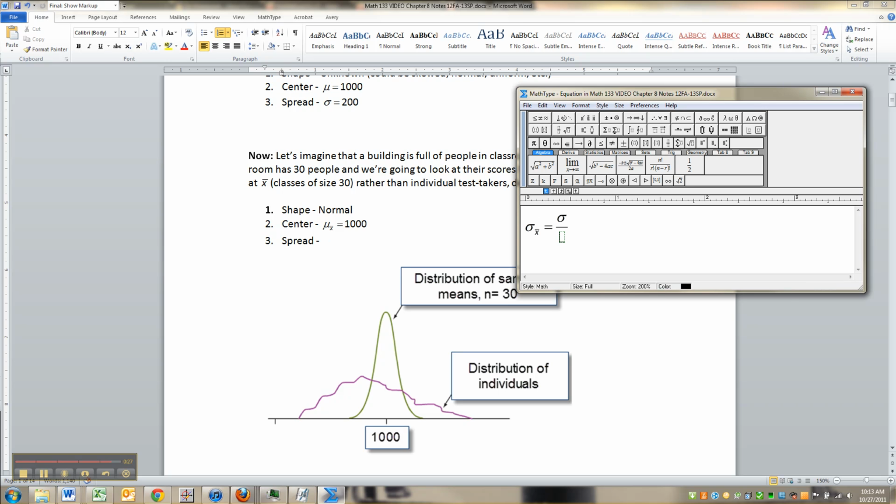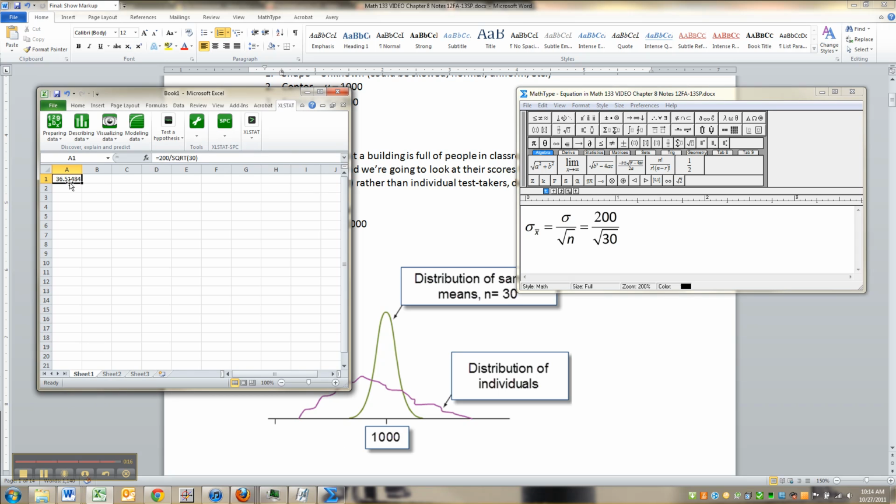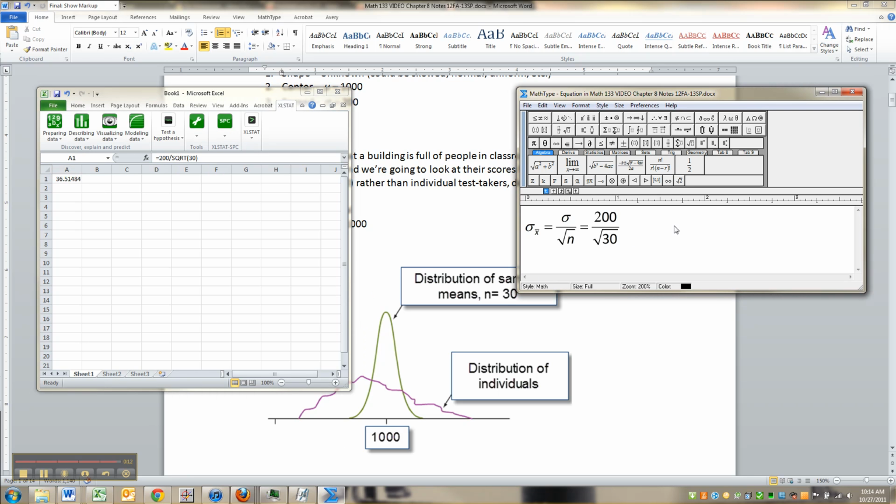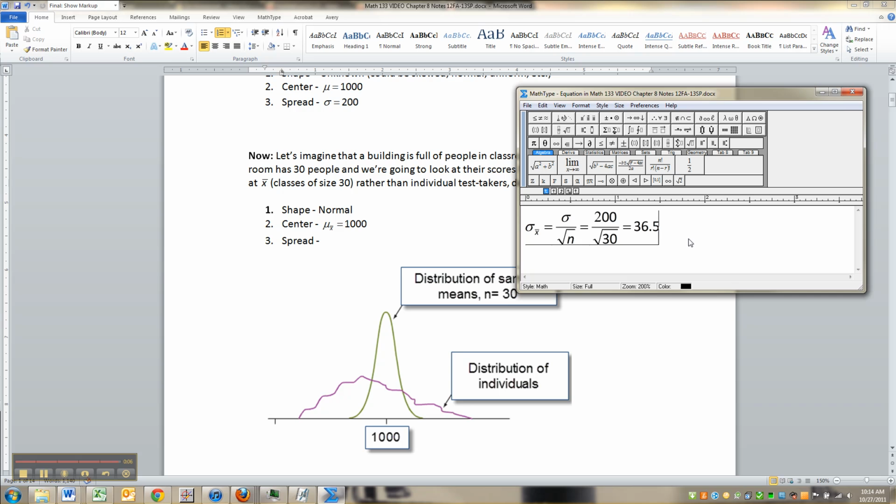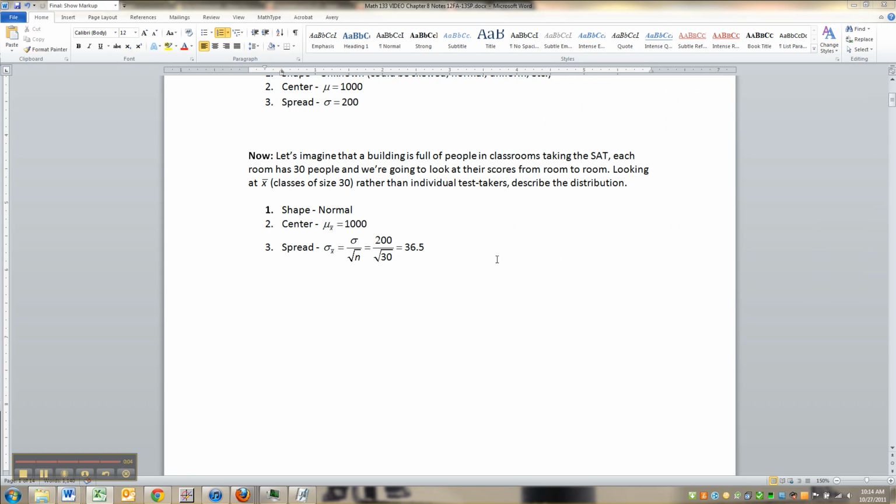It's sigma divided by the square root of n, which is 200 over the square root of 30 in this example, which according to Excel is about 36.5. Much smaller. It was 200 for individuals. It's only 36.5 when you're looking from room to room to room. Much tighter.